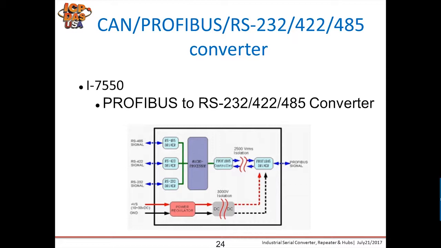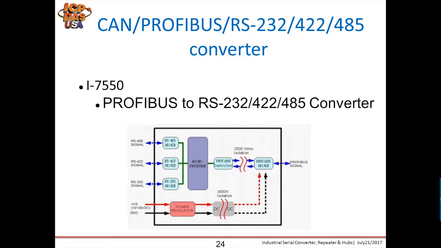Serial I/O device, electronic scale, operator terminals, barcode scanner, and other automation device can easily be connected to the existing PROFIBUS network.